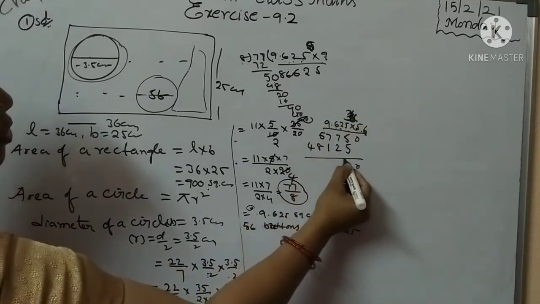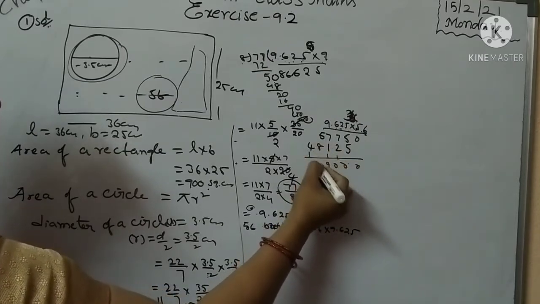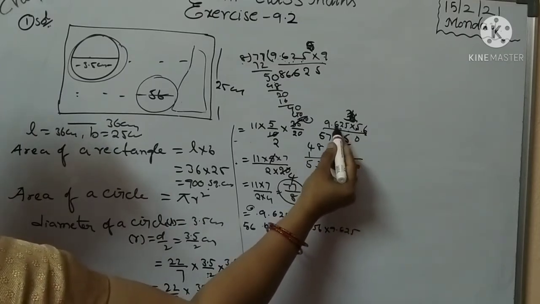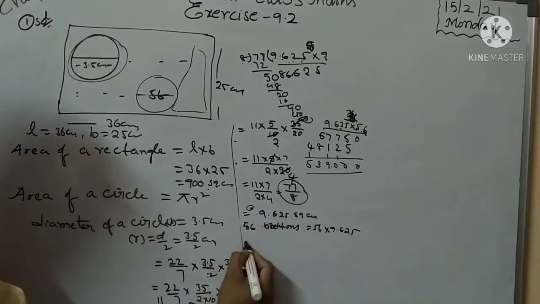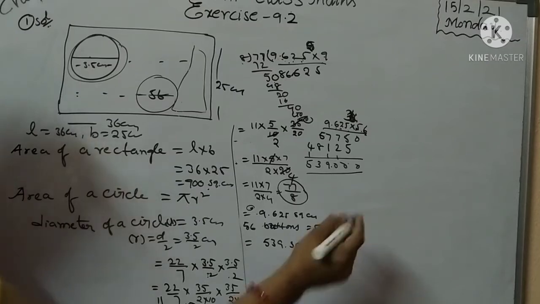So here 0, 10, 10, 9, 13. How many digits after the point? 1, 2, 3. So finally the area of 56 buttons is equal to 539 square centimeters.